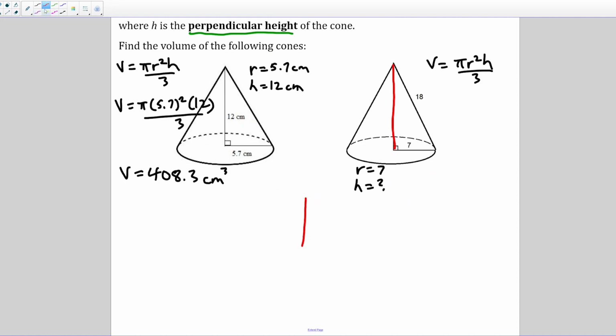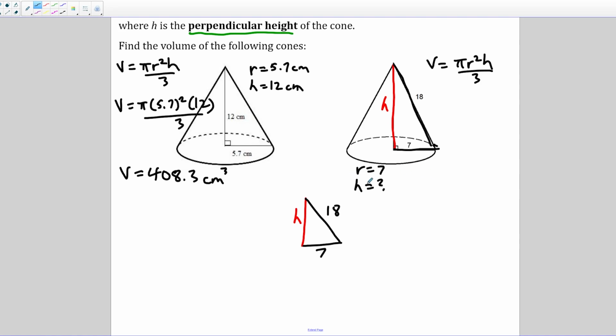Let's go ahead and draw our triangle here, and really we're just looking at this triangle, the black and the red. The red is what we're looking for, that's our height. We know that the slant height, that's what this is, is 18. And then here at the bottom, our radius is 7. So I don't need to divide this in half. Please make sure that you're aware of that. If it's already the radius, we don't need to divide it in half.